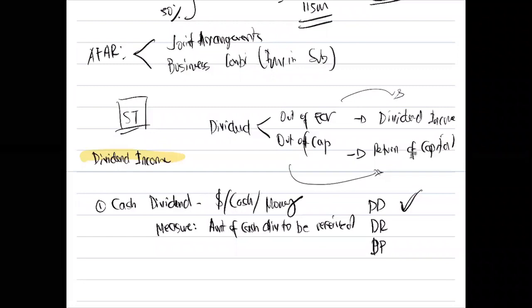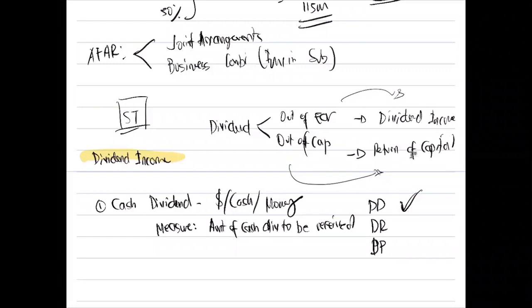I hope you still remember these three important dates. And then we have your date of payment. On the date of payment, we are already receiving the amount of our cash dividend. So again, we measure our cash dividend at the amount of cash dividend to be received at the date of declaration.